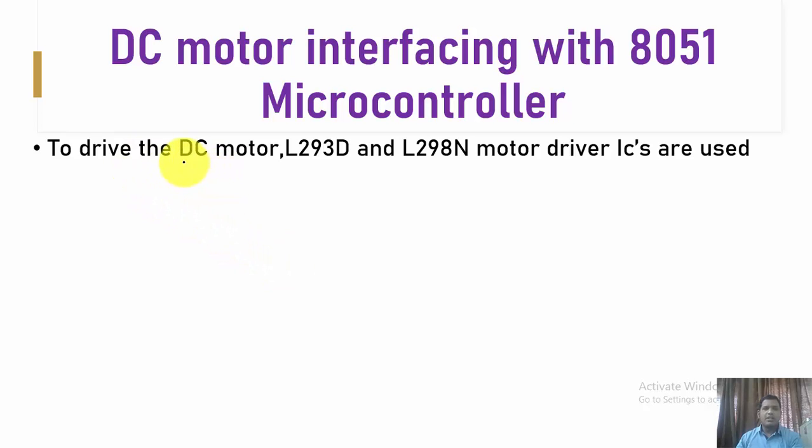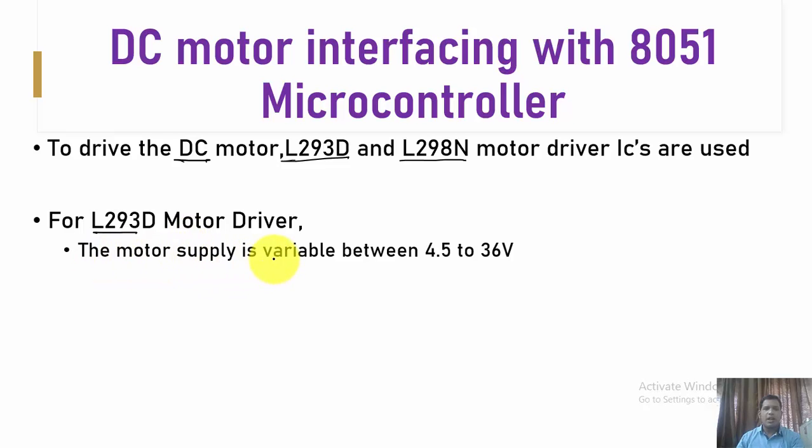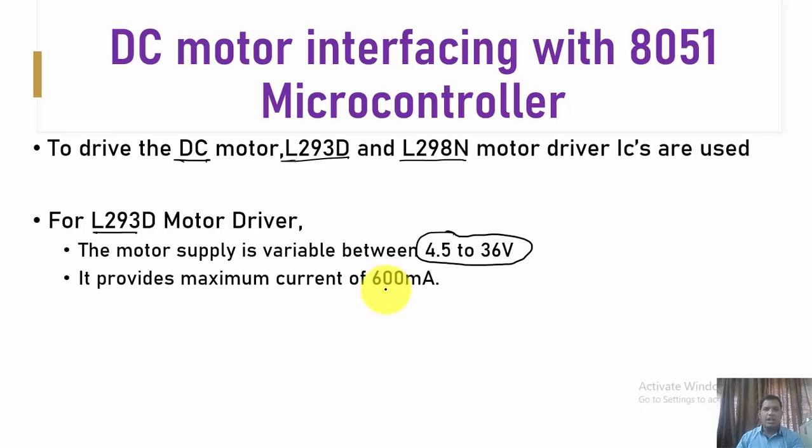To drive the DC motor, motor driver ICs such as L293D and L298N are used. For the L293D motor driver IC, the motor supply is variable between plus 4.5 volt to 36 volt. However, the maximum current supplied is 600 milliampere.